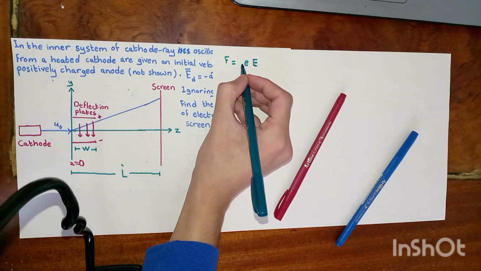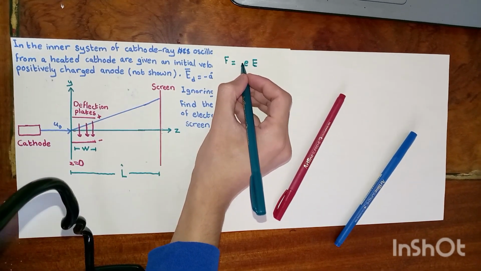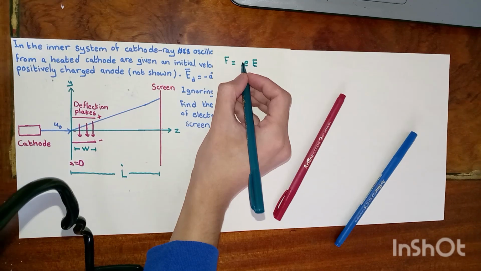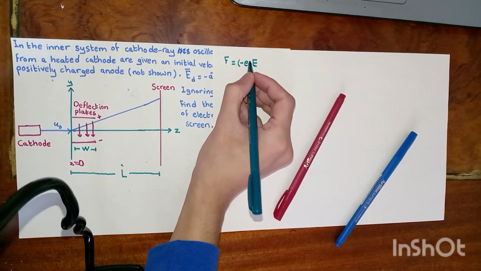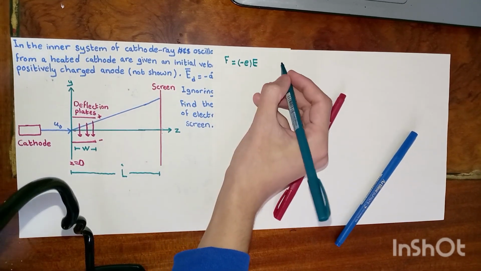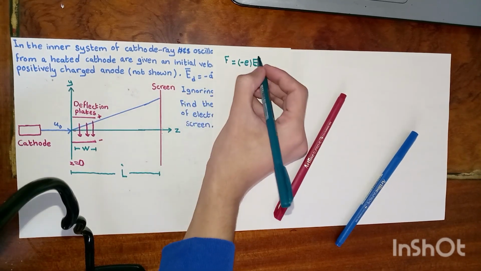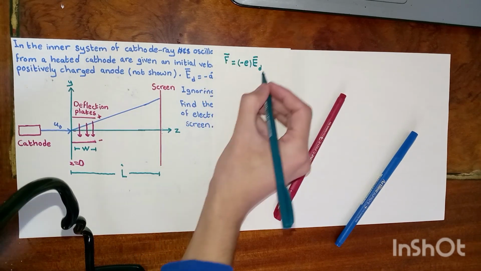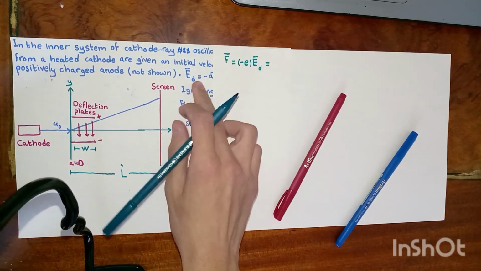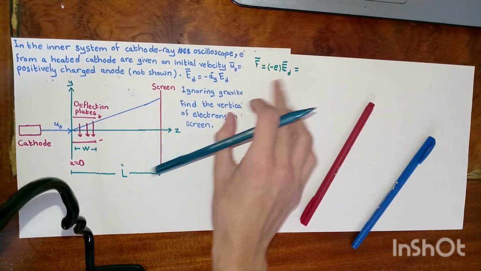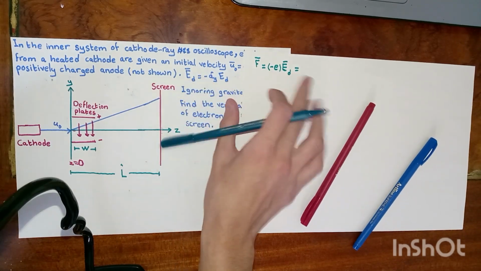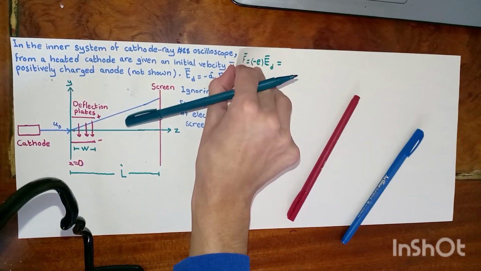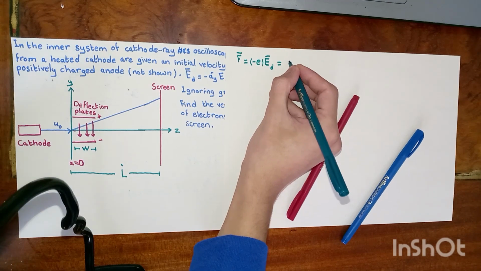And as these electrons are negatively charged, I will add the negative sign. This electrical field, we said, is E sub d, and the force is a vector as well. Now I will substitute the formula of the electrical field into this and I will retrieve A sub y.